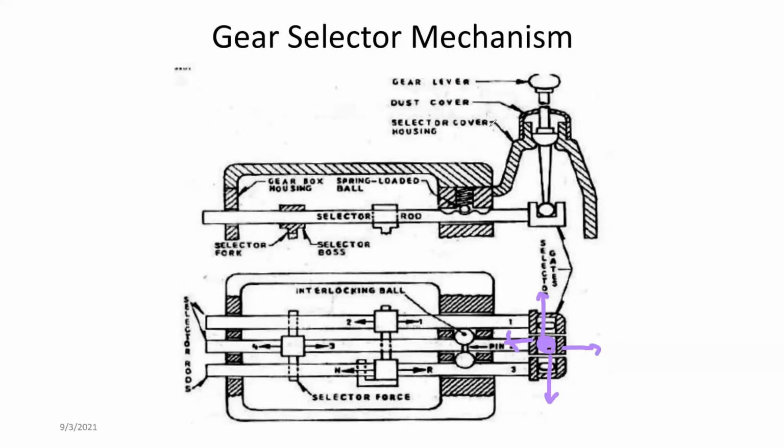For example, if I move this gear lever down, since it is suspended in a way like this, the bottom part of the gear lever moves in the opposite direction.